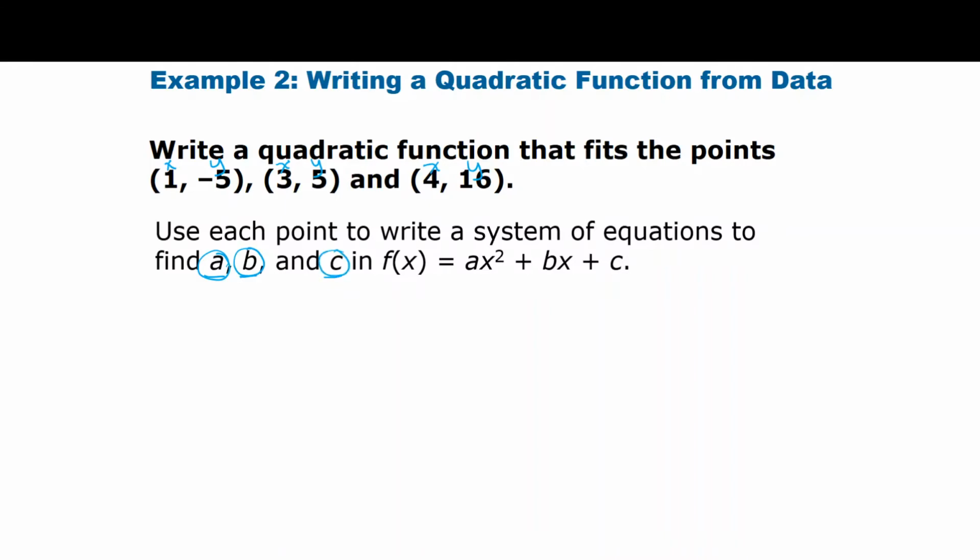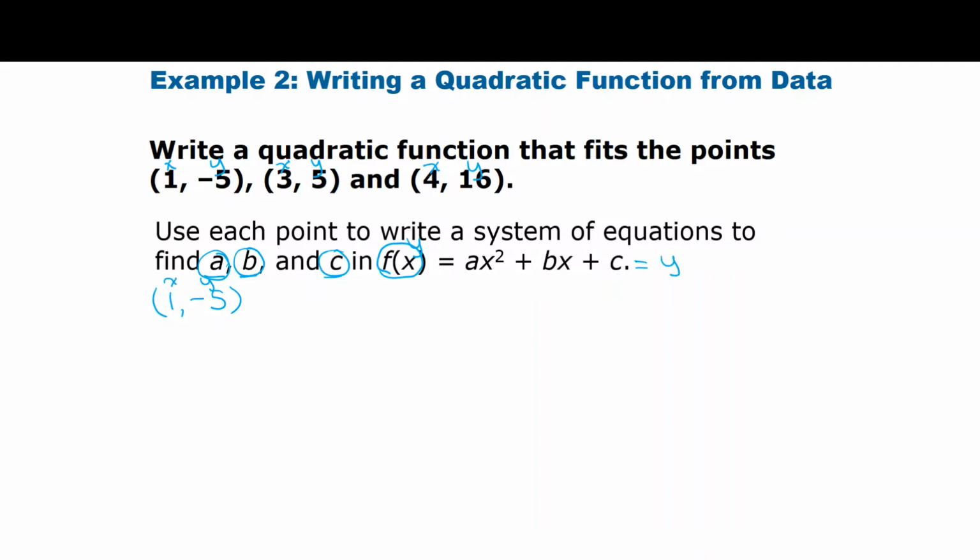So let's just make a little chart here and fill this in. The first point is going to be 1, -5. And remember, this is our x and this is our y. And remember, f of x is the same as y. So I'm going to just put that on the other end here, equals y. So let's just fill it in.